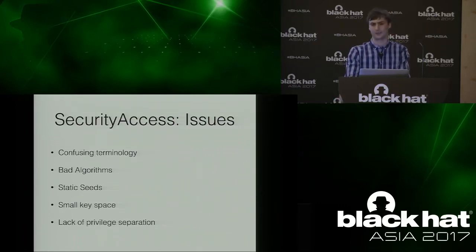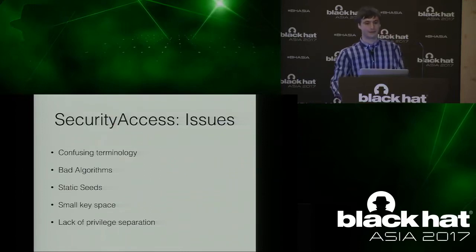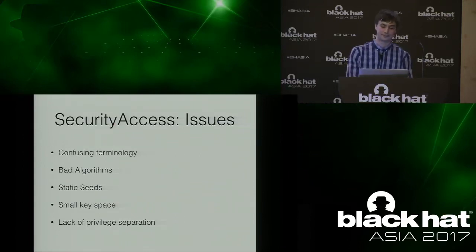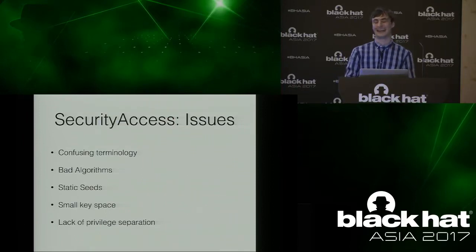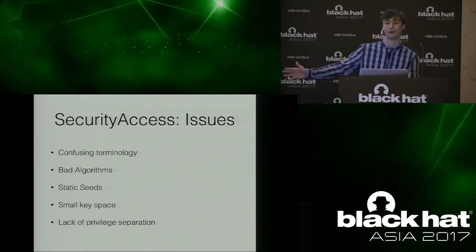There's other challenges there, but the algorithms are typically bad. We'll get into a couple of them in a moment, but they're typically very simple. So you'll either often have a very simple algorithm that uses a random number, or you'll have a static seed. So this is an ECU that just always sends you the same random number. It is a random number in the sense that every ECU will send a different one.